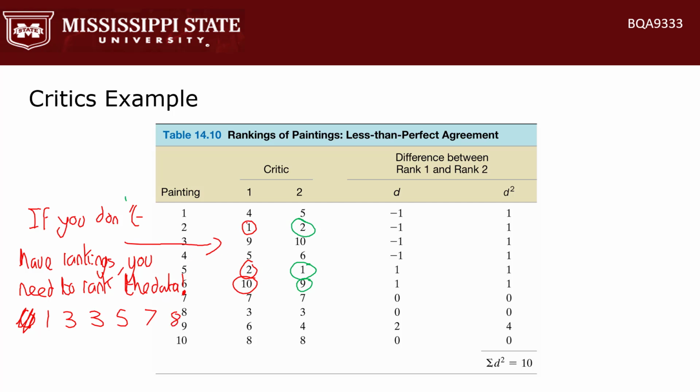This is ranked high to low. You can rank in order, you can rank opposite. So going top to bottom, this would be 1, 2, 3, 4, and 5. So both of these would be 4.5, and this would be 6. We'll talk a lot more about rankings when we do non-parametric statistics.